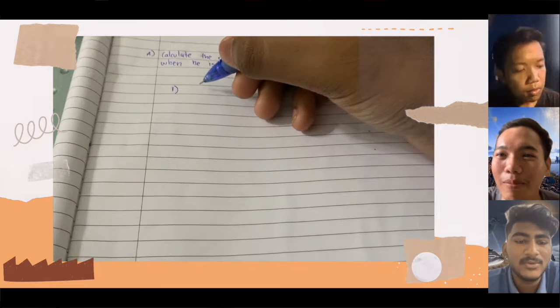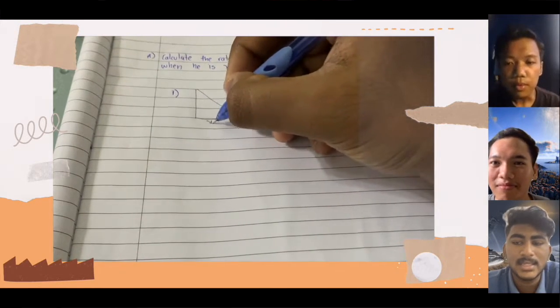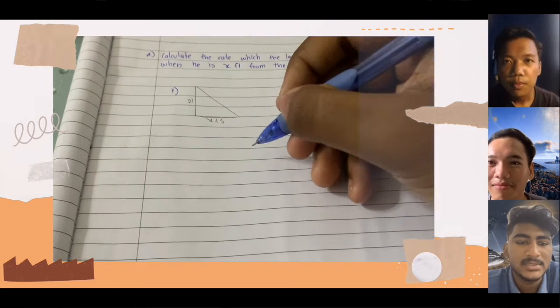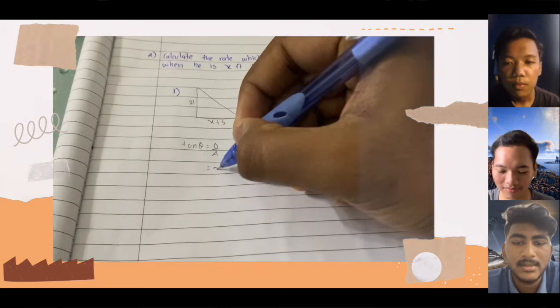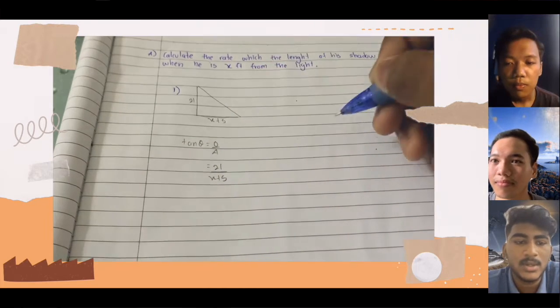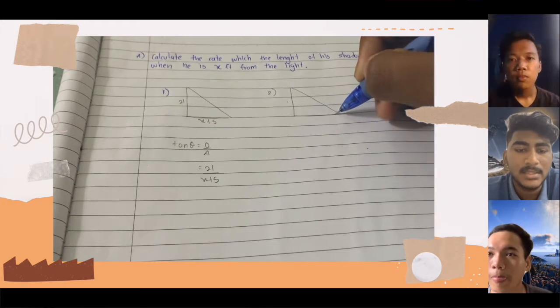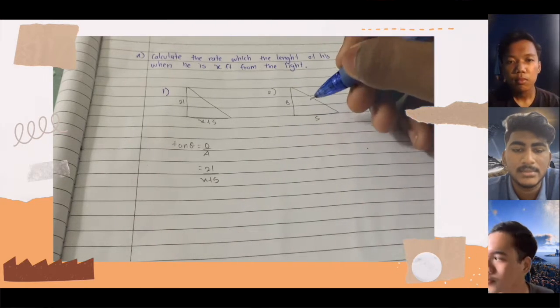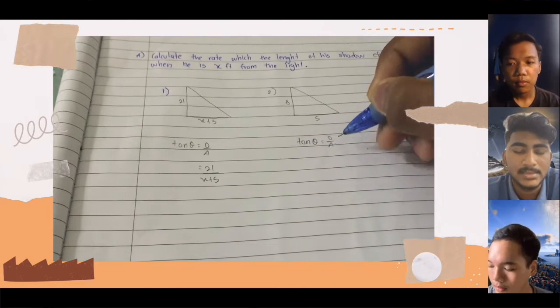First, we have to use the diagonal formula, which is SOH CAH TOA. In this case, we use tangent, which is opposite divided by adjacent. Based on the first triangle, we get the value of 21 over x plus s, and use the same method to solve the second triangle. We will get the answer of 6 over s.